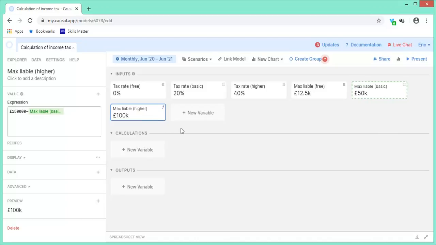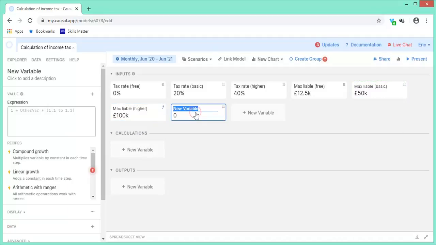Okay, so now we need to do some calculations before we get our tax that is owed. Almost forgot one input, which of course is the actual income to be taxed.